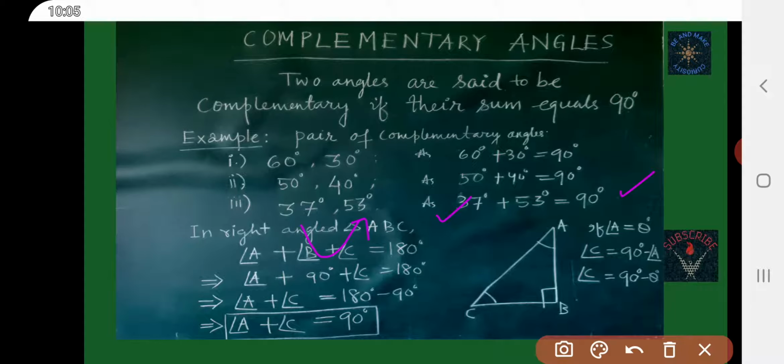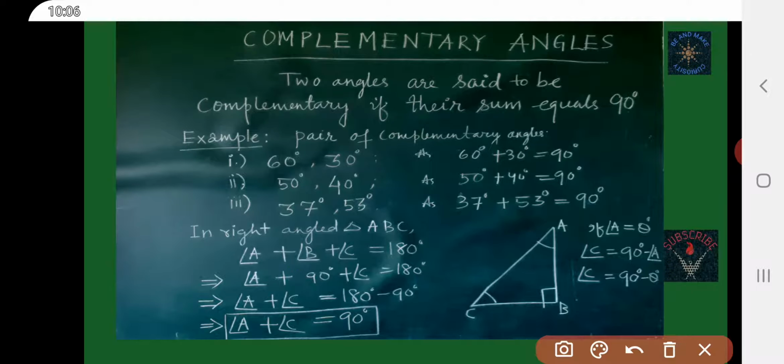Understood? And in this right angle triangle you see the angle sum property, that is, the sum of angles of a triangle is equal to 180 degrees. You know it. So in this right angle triangle ABC, angle A plus angle B plus angle C is equal to 180 degrees. Here angle B is 90 degrees.